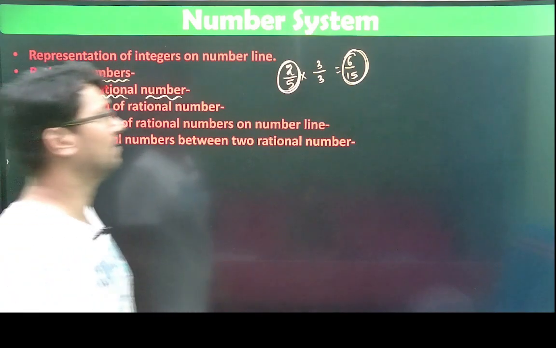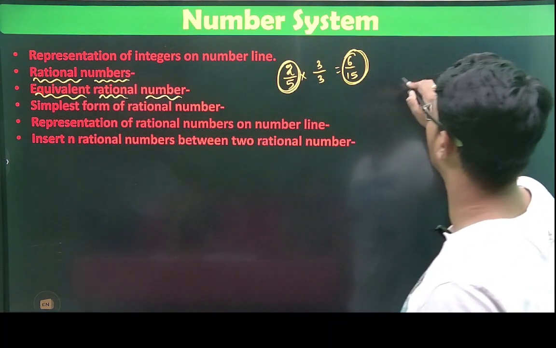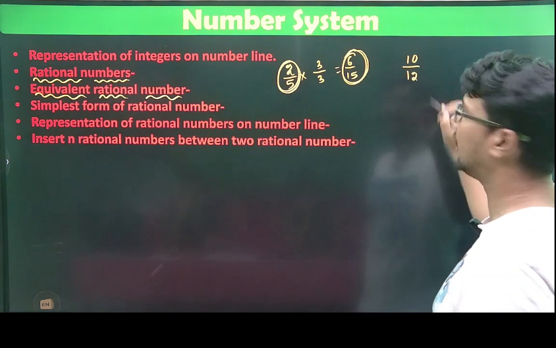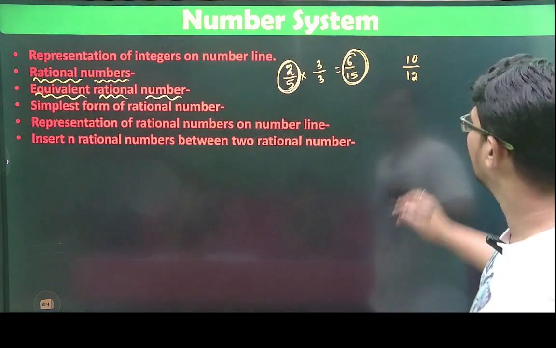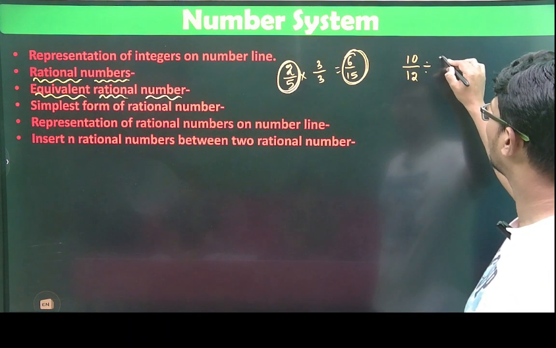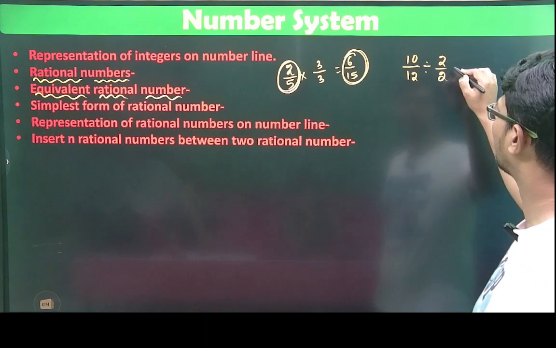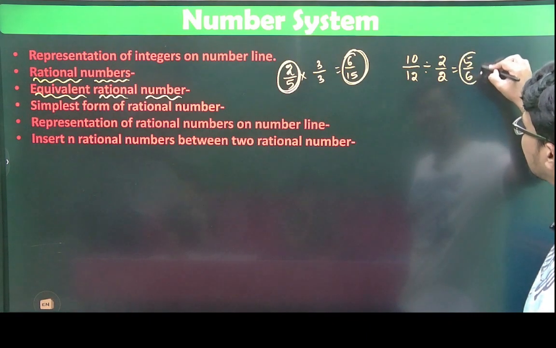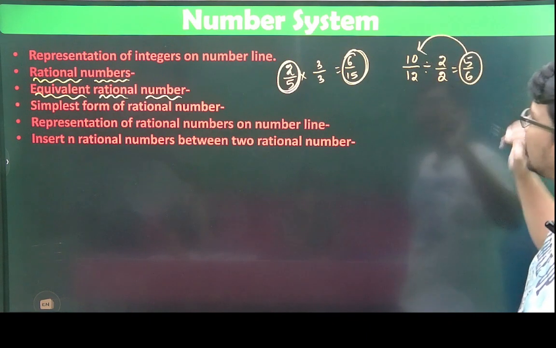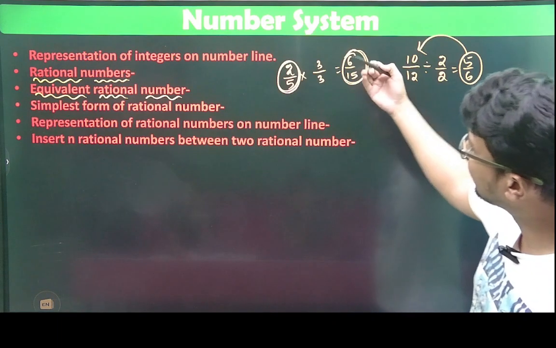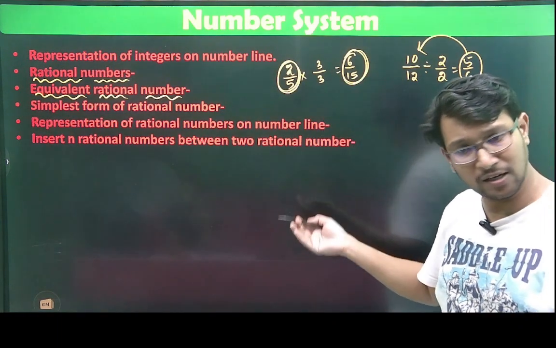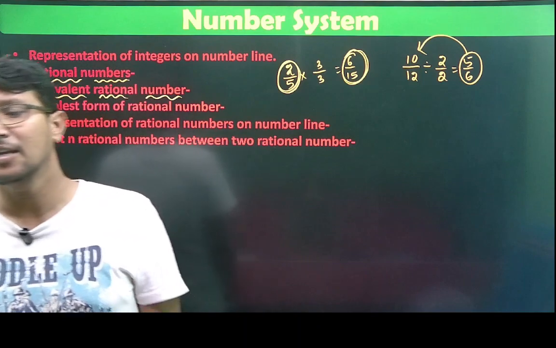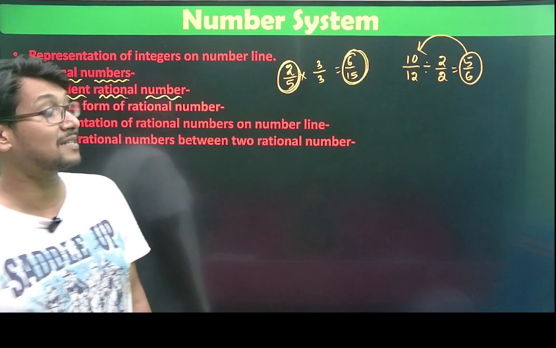Okay. Similarly, if I'm giving you one example, 10 by 12. If we divide by 2 in both numerator and denominator, what shall I get? 5 by 6. 5 by 6 is a rational number which is equivalent to 10 by 12. Means either by multiplying the same number in both numerator and denominator or by dividing the same number in both, we will get an equivalent rational number.